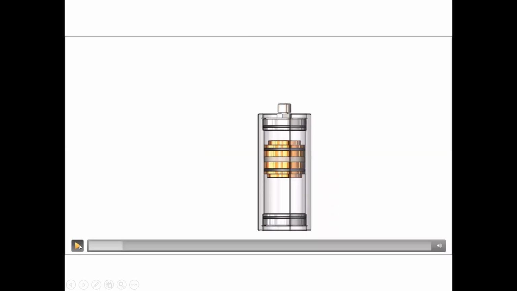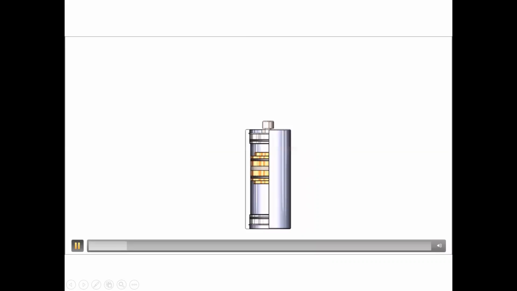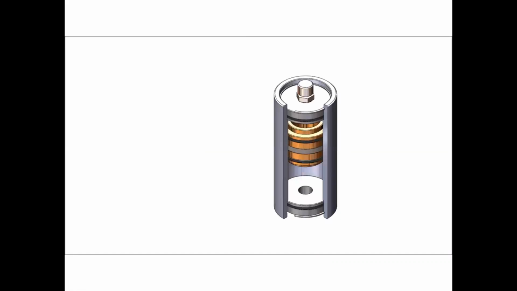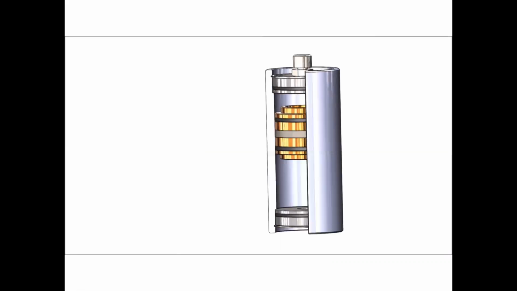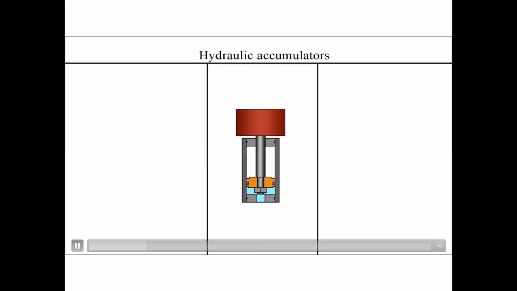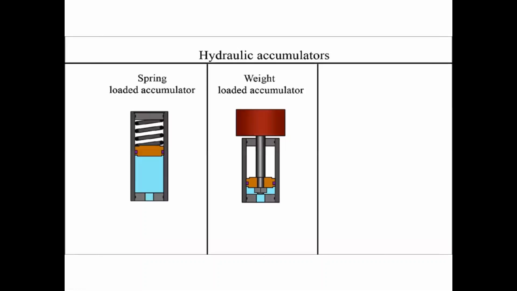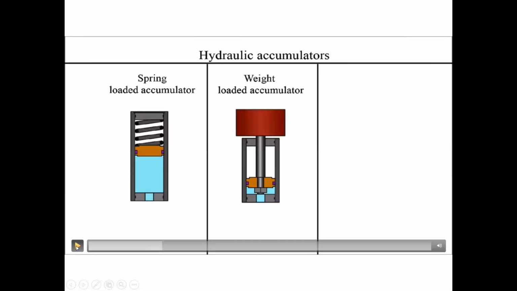Fluid in an accumulator is weight loaded, spring loaded, or pressured by a gas. There are three types of accumulators used in hydraulic systems. They are weight loaded, spring loaded, and gas loaded, or hydro pneumatic accumulator.